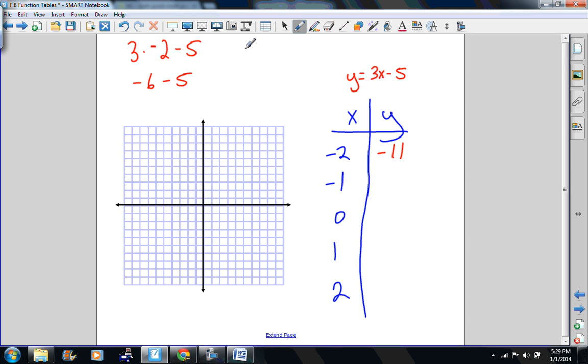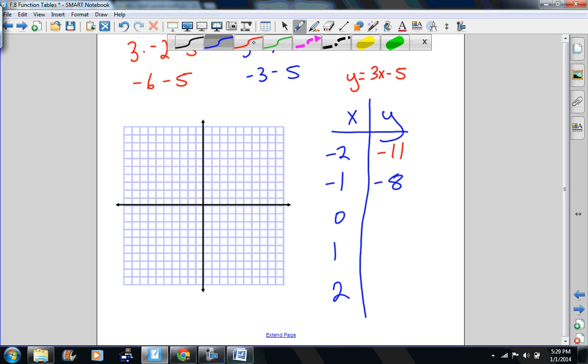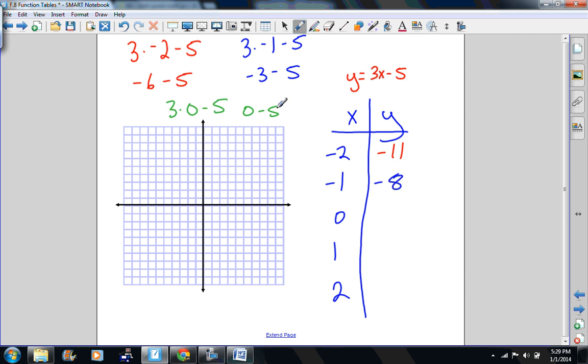So then if I try negative 1, I go 3 times negative 1 minus 5. So it becomes negative 3 minus 5, which is negative 8. Then if I do 3 times 0 minus 5, I get 0 minus 5, which is negative 5. Pattern continues. This is negative 2, and this is positive 1.